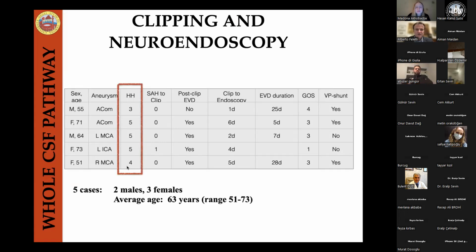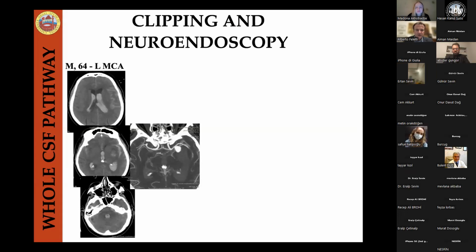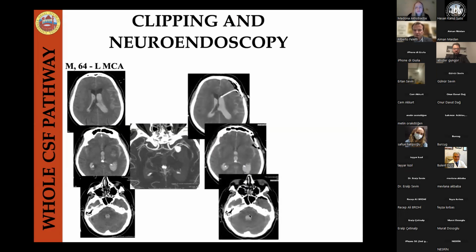And if you consider the very impaired situation these patients arrived with, we can get some fairly good outcomes. Like in this case of a left MCA aneurysm with intraventricular blood, I clipped this aneurysm, but as you can see, of course, I was not able to remove the blood from the third and the fourth ventricle and even from the lateral ventricle.